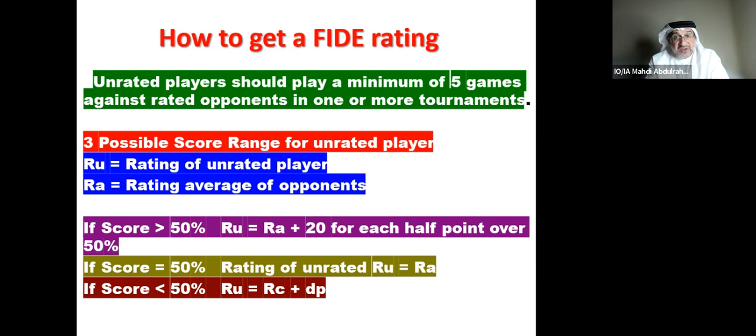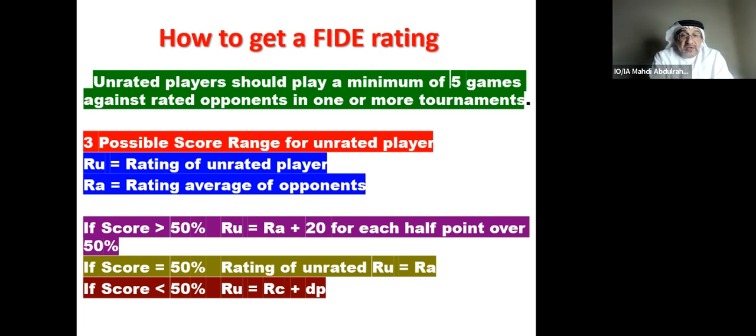If the average rating of the 5 players is, for example, 2,000, it will be 2,000 plus 20. Why 20? Because we have a half point more. If I have 1 point more, it will be 2 times 20. If I have 2 points more, it will be 4 times 20. This is the formula for those who score more than 50% in the tournament. If they score 50%, the rating of the unrated player RU equals RA.